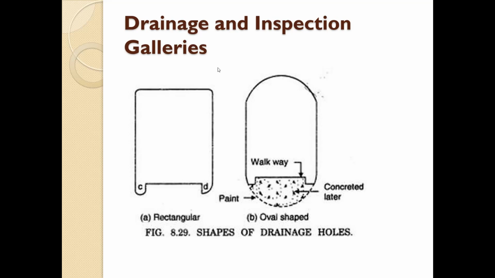Now the drainage and inspection galleries. Every dam requires inspection from the inside, so we have to provide inspection galleries and sometimes drainage galleries. The dam galleries are formed in concrete, and their size depends on the function of the gallery and also upon the size of the dam. Certain shapes are shown over here, that is oval and rectangular.